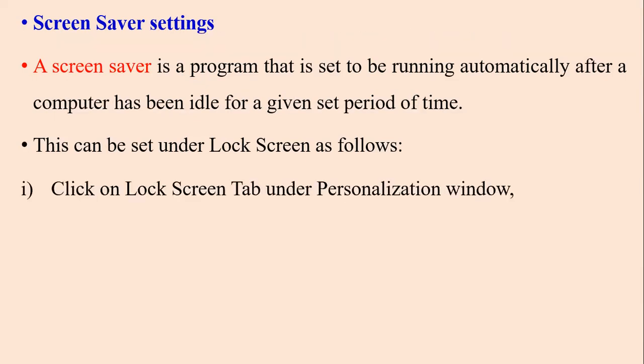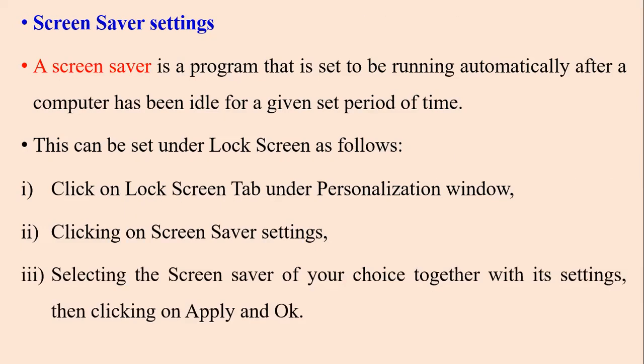You first click on the Lock Screen tab under the Personalization window, just as I have already explained. Then you click on Screensaver Settings, after which you select the screensaver of your choice and you also adjust its settings. Then when you are through, you click on Apply and then OK.